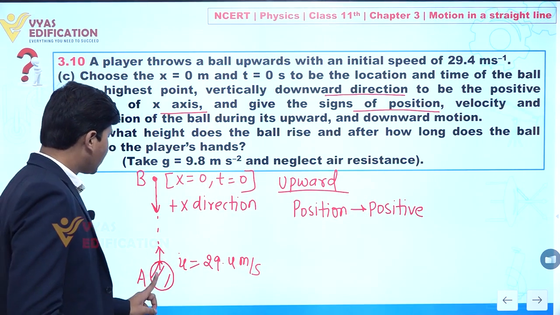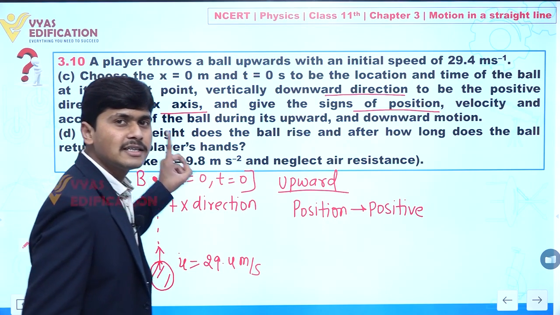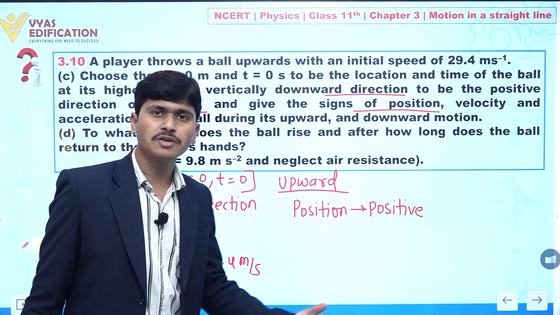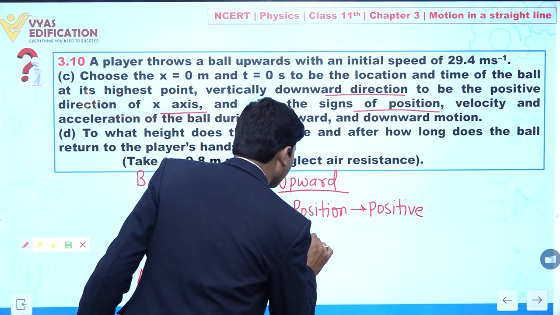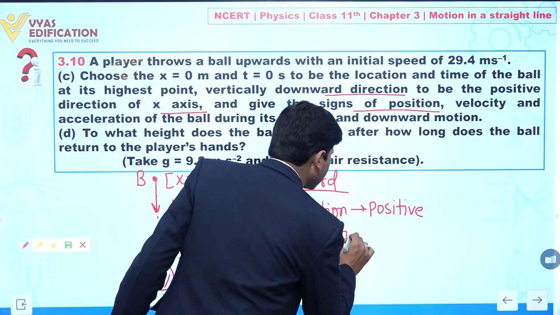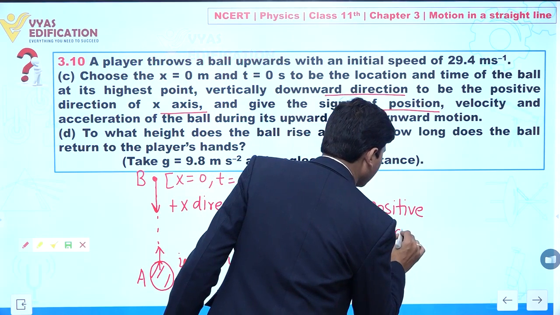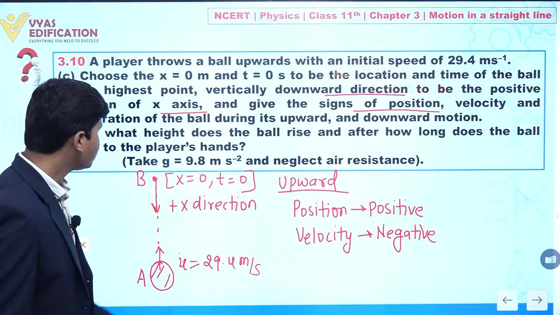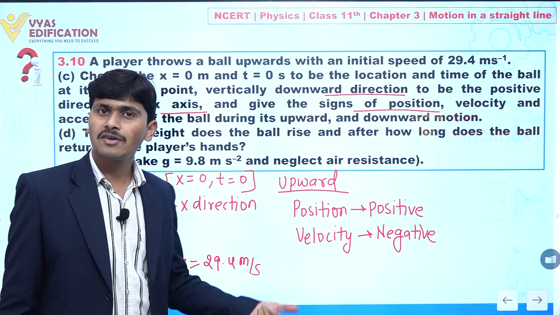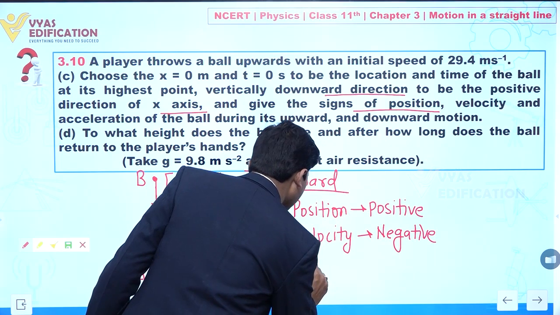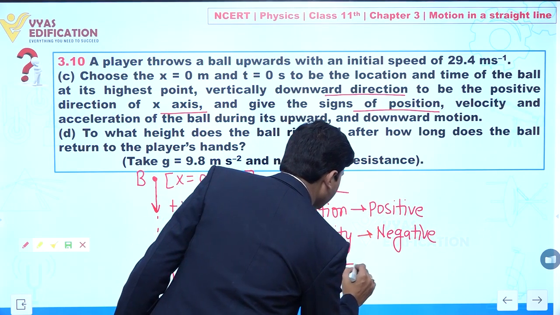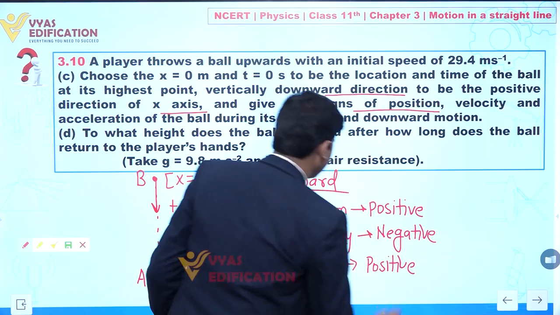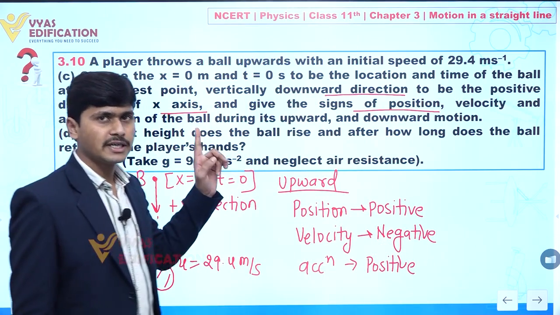The velocity vector is in this direction, which is opposite to the direction you have assumed positive, so velocity is negative. And what about acceleration? Because you are assuming vertically downward direction positive, acceleration is positive.